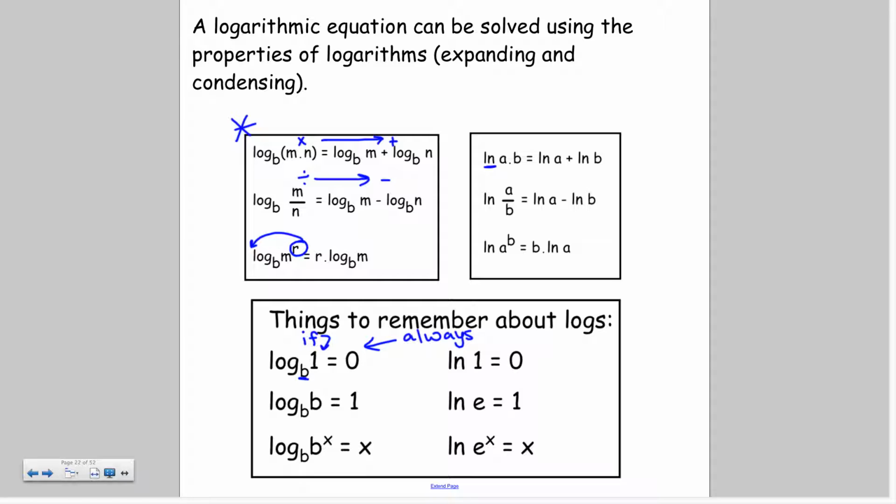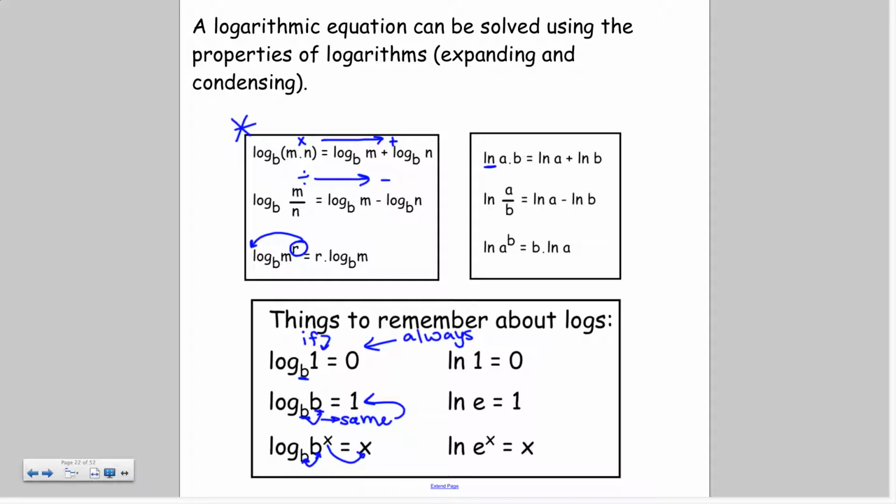The next thing to remember is if those two are the same, then it's always going to equal 1. All right? Then if you have a power, or these two are the same, and it's raised to a number, then your answer is always going to be the number it's raised to.